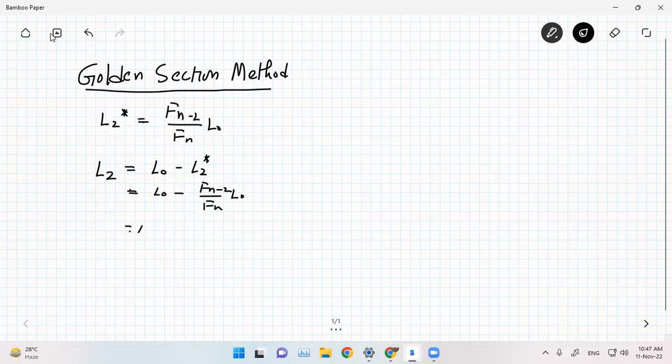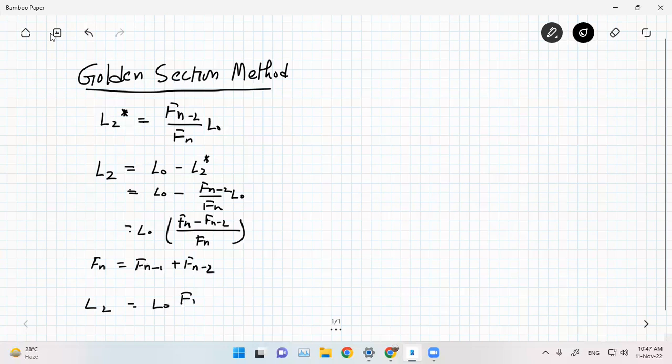So you can take L0 common, so ultimately it will be Fn minus Fn minus 2. And we know that Fn equals Fn minus 1 plus Fn minus 2.